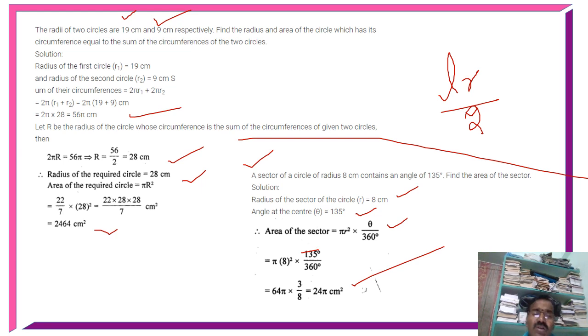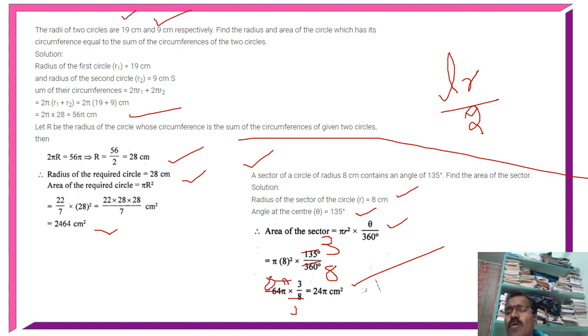Cancellation is your wish, students. We can do it with the 45 table, 45 8s, 45 3s, or do it with the 5 table, and at any cost you get the same answer. 8 1s, here we can do cancellation, 8 8s, but pi is the same, so 8 pi will come here. So 8 pi into 3 is 24 pi centimeter square.